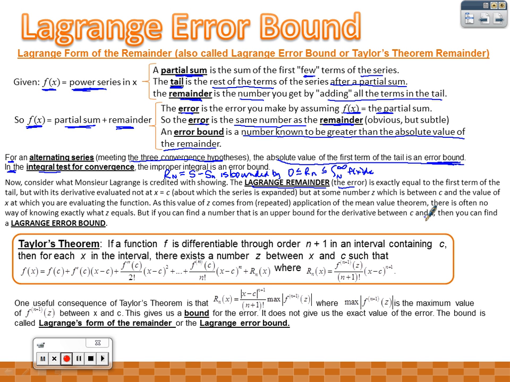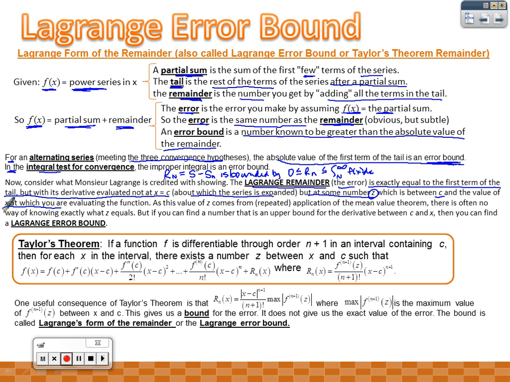What he showed is that the error is exactly equal to the first term of the tail, but with its derivative evaluated not at the center, x equals c, where we expand the series around the center, but at some number z, which is between c and the value of x at which we are evaluating the function.